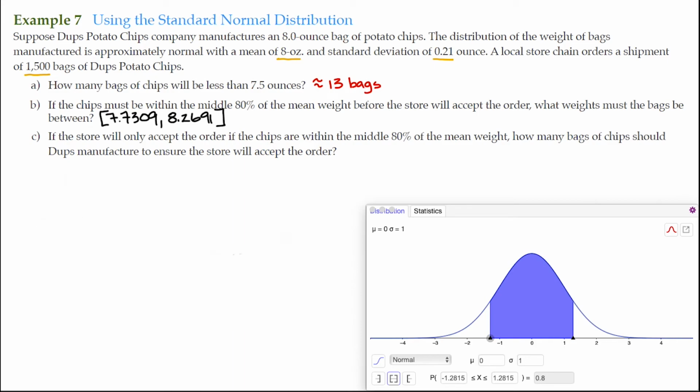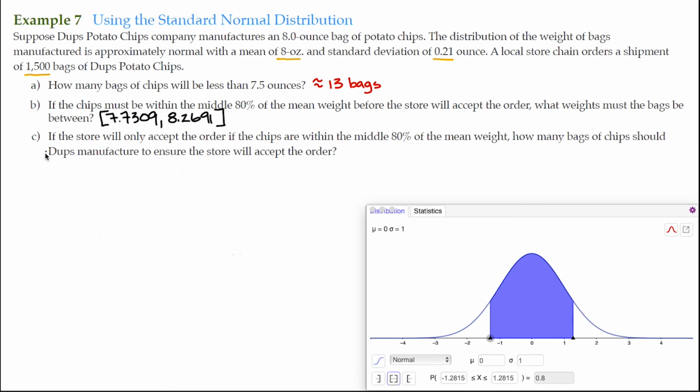Now letter C says, if the store will only accept the order if the chips are within the middle 80% of the mean weight, how many bags of chips should Dupps manufacture to ensure the store will accept the order? Now the store wants 1,500 bags, but according to its distribution, only 80% of the bags will fall within these weights right here.